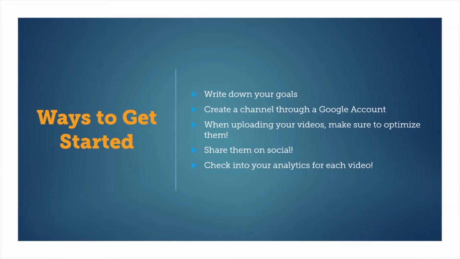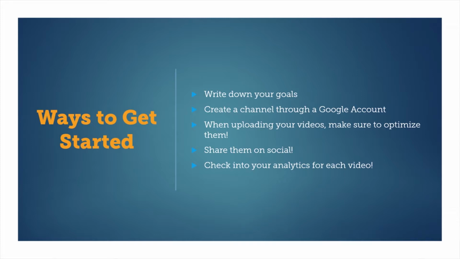And finally, a big thing is to check into your analytics for each video. When we talked about that, there's more elements to YouTube's algorithm. These analytics are what are going to tell you the other things you need to pay attention to for that algorithm. So you can learn all about your viewership and your audience, how they're engaging with your videos.